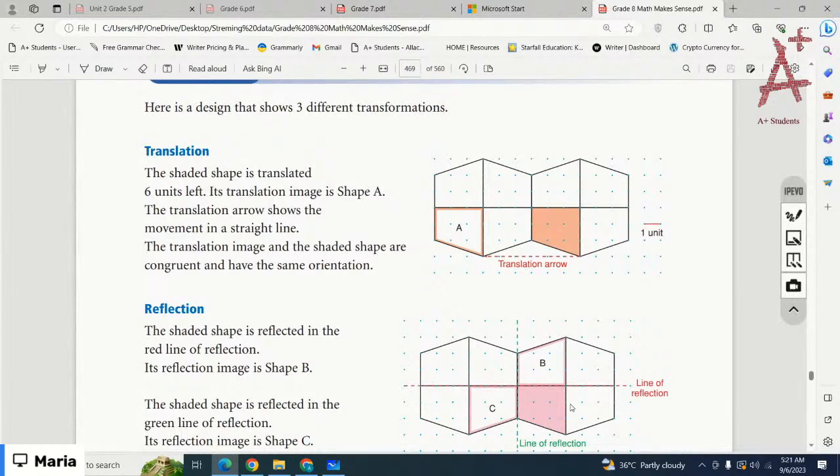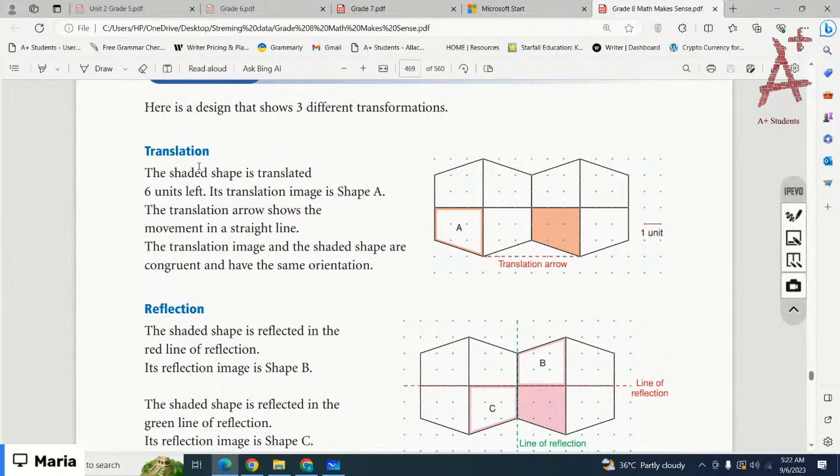The shaded shape is translated 6 units left. 1, 2, 3, 4, 5, 6. That is just 1 unit, right?